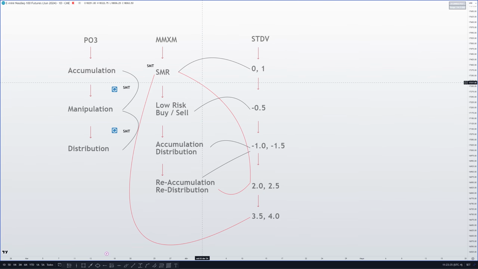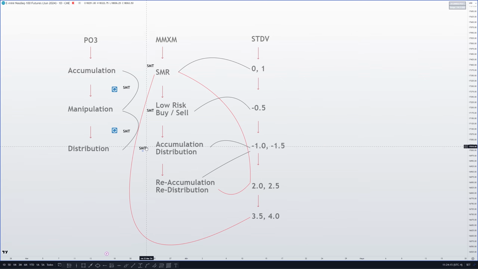So in this change, the low risk buy or sell is the beginning. Before this beginning, you can find another SMT here, at the end of the smart money reversal and the beginning of the low risk buy or low risk sell. The next stage is another accumulation or distribution stage, and in this moment, again, you can find one SMT.